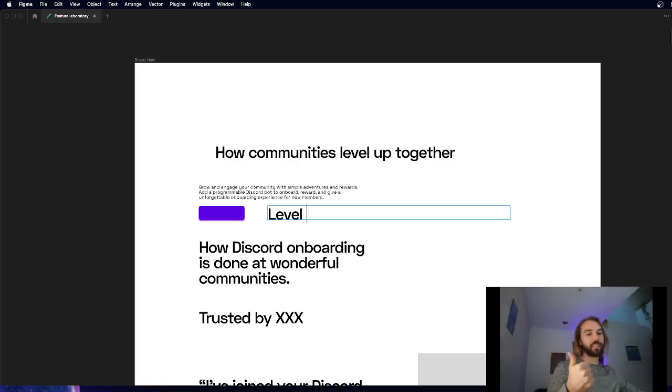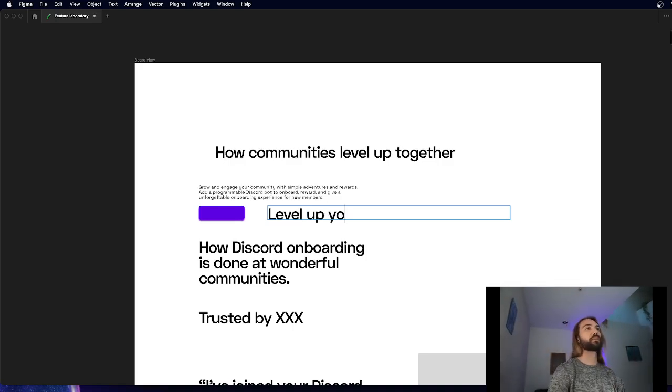Like "level up your Discord," or "get 1,000 ideas," or "get X." Those buttons will be clicked on twice as much, and you can change nothing else on your landing page. If you have a really good call to value button and you just switch that, you could see your conversion rate 2x, which is pretty incredible.